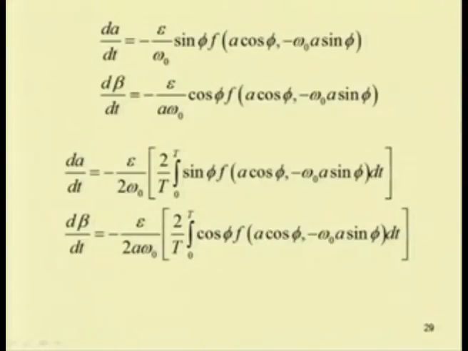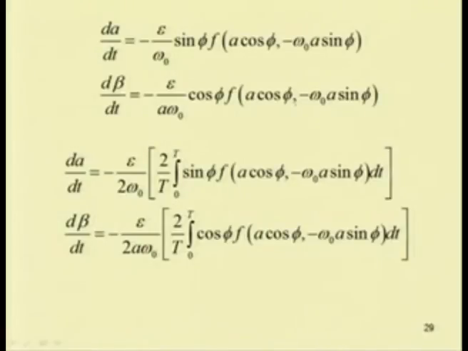Similarly, dβ/dt equal to minus epsilon by a omega 0 into cos phi into f(a cos phi, minus omega 0 a sin phi).